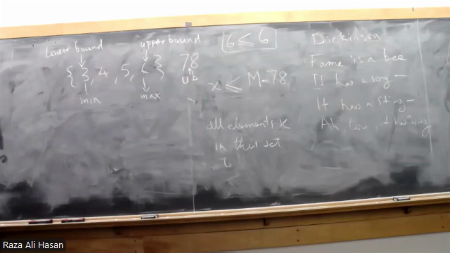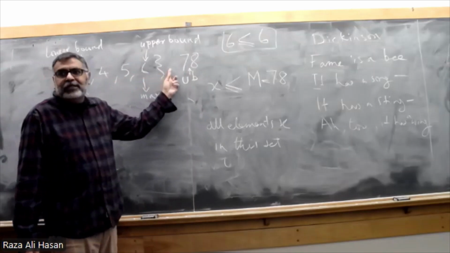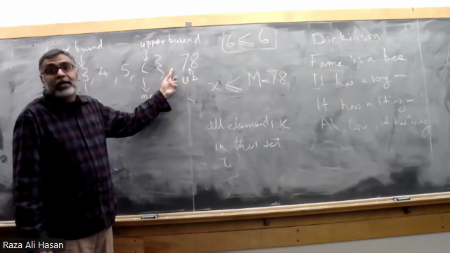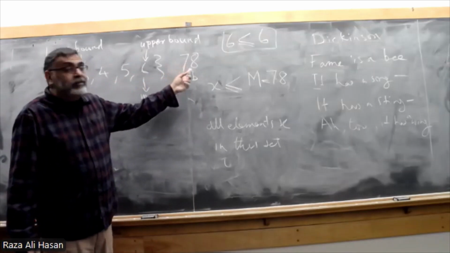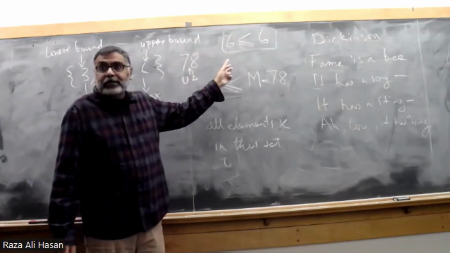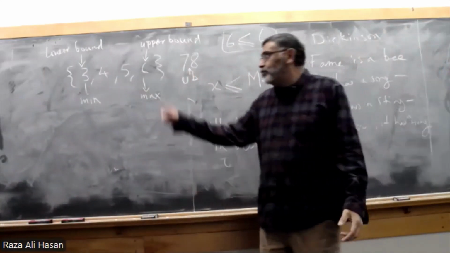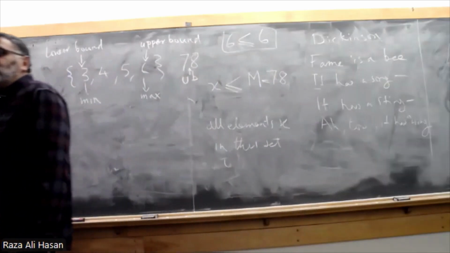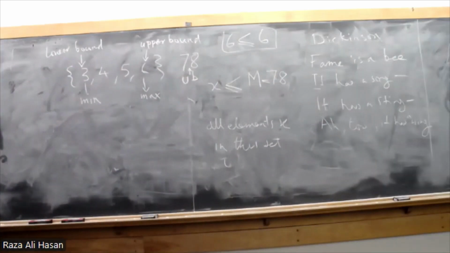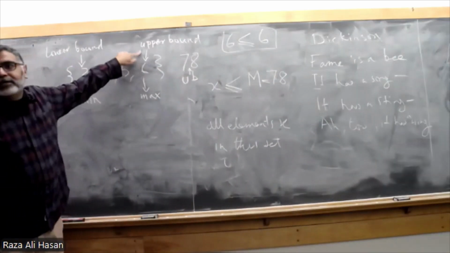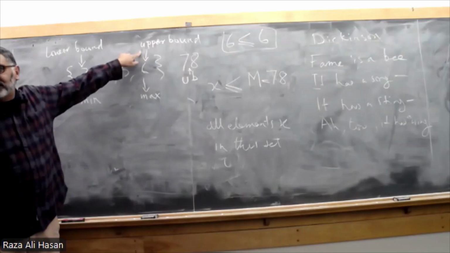So how many upper bounds are there? 7 is an upper bound, 8 is an upper bound, 9 is an upper bound, 78 is an upper bound, 101 is an upper bound, all the way to infinity. They are all upper bounds of this set. What is the most useful and interesting upper bound? It's the smallest upper bound, the least of them, right?